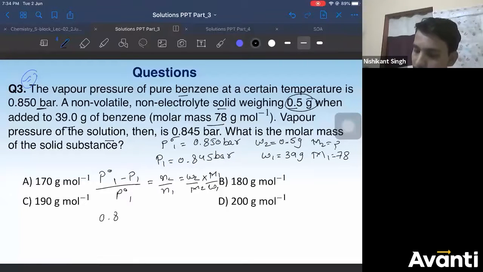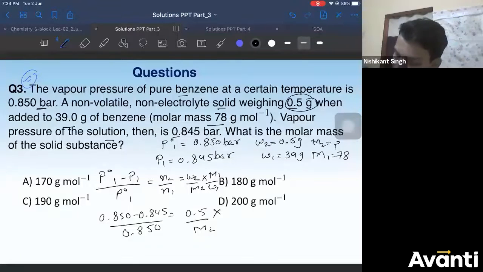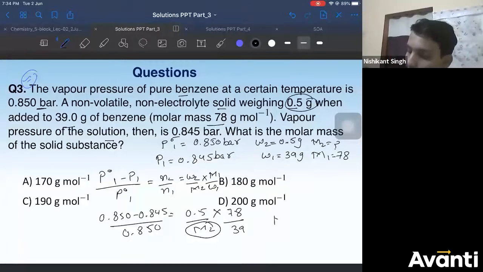P01 is 0.850, minus 0.845, divided by 0.850, is equal to weight of solute 0.5. Molar mass of solute you have to calculate. Molar mass of solvent is given, 78 gram. This is 39 gram. You can simplify the value of M2 from here. Your M2 after calculation will come out to be 170 gram per mole.